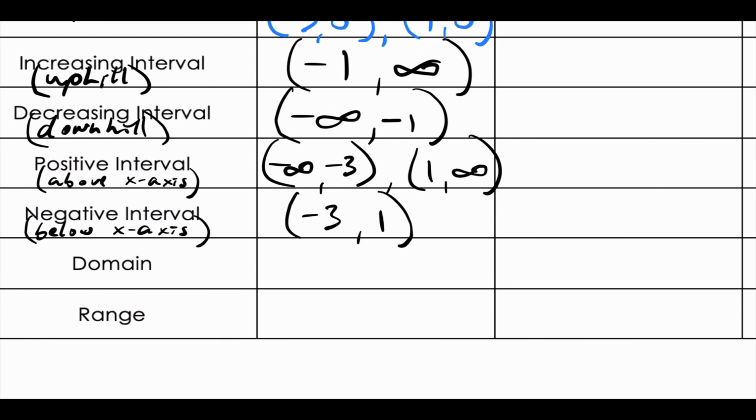Started out of water. -3 is when I went underwater. Underwater until 1. The rest of it, I was out of water. Okay? Above the x-axis, below the x-axis. I just use water because everyone can kind of think of a pool when you're jumping in, or a lake or something. The ocean when you jump in.